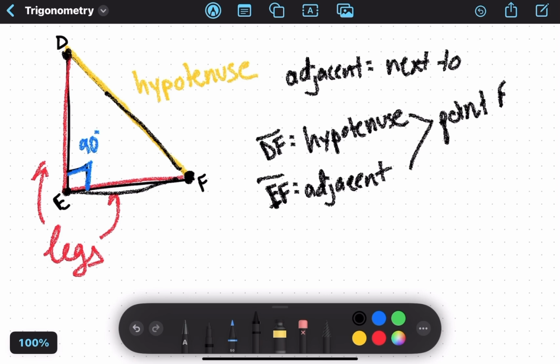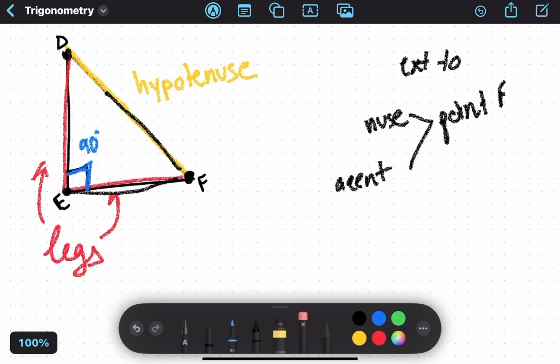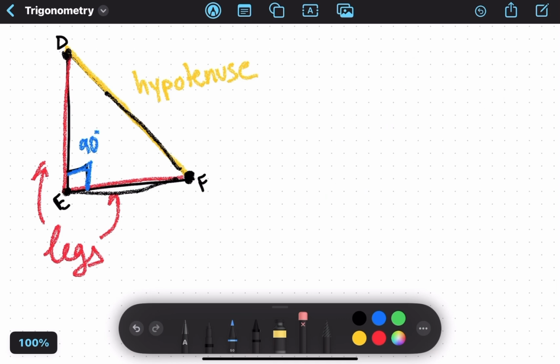So, let me clear some of this. And now let's get to the most important thing. SOHCAHTOA.